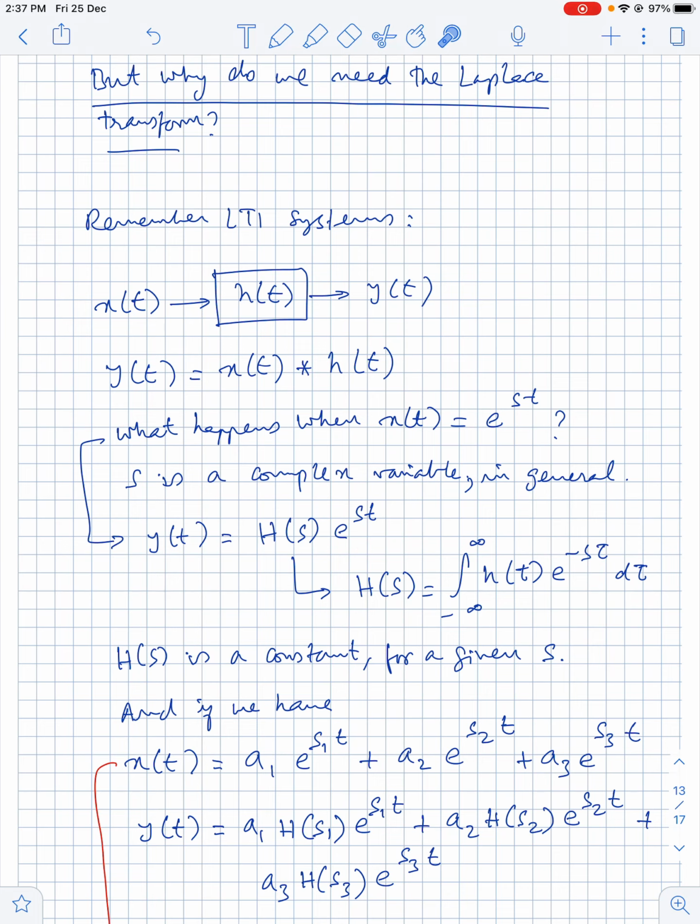This constant I call H of s, and I call it a constant because for a given value of s, it is a constant. It can be computed as the integral of h of tau e raised to minus s tau d tau. This comes from the convolution formula. Essentially this is the Laplace transform, but that's fine.